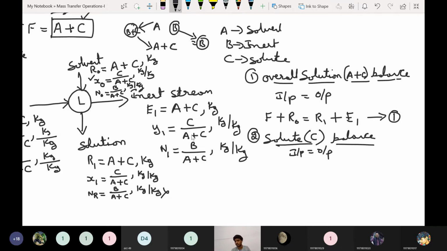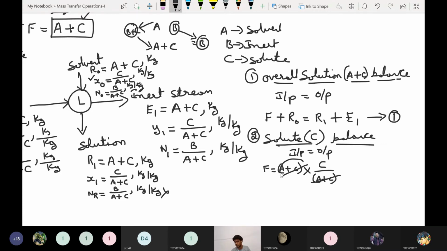The solute balance means we are considering only this C here. C doesn't have a separate notation scheme, so we have to take some notation scheme. For example, F is equal to A plus C. If you multiply by something with a denominator of A plus C, it will cancel out and what is left will be only the C balance.